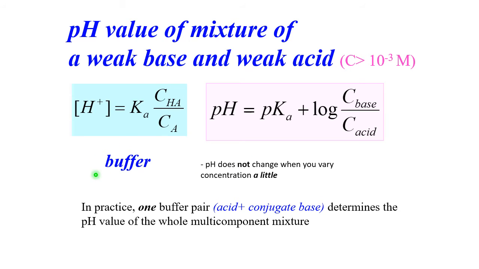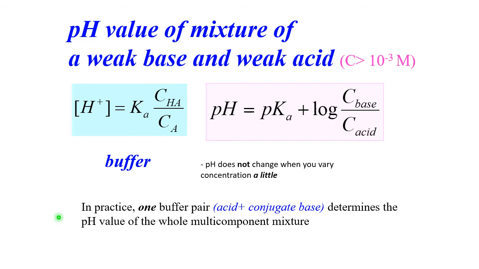Such solutions that have stable parameters are known as buffer solutions. So a solution of weak base and weak acid is a pH buffer or acidity buffer. Its pH does not change when you vary concentration a little.